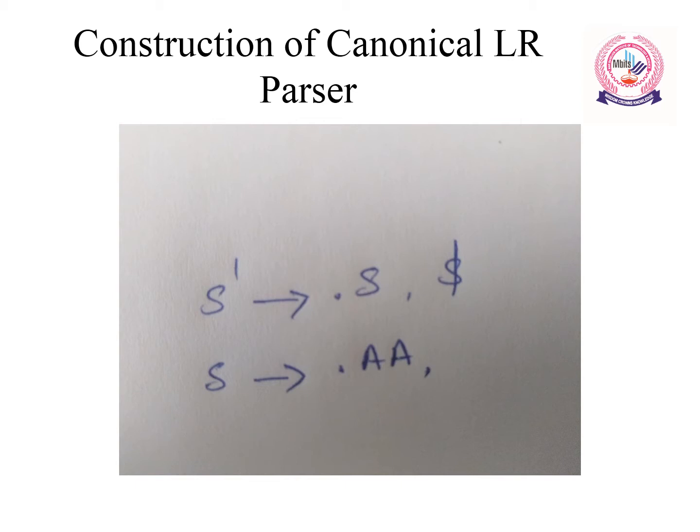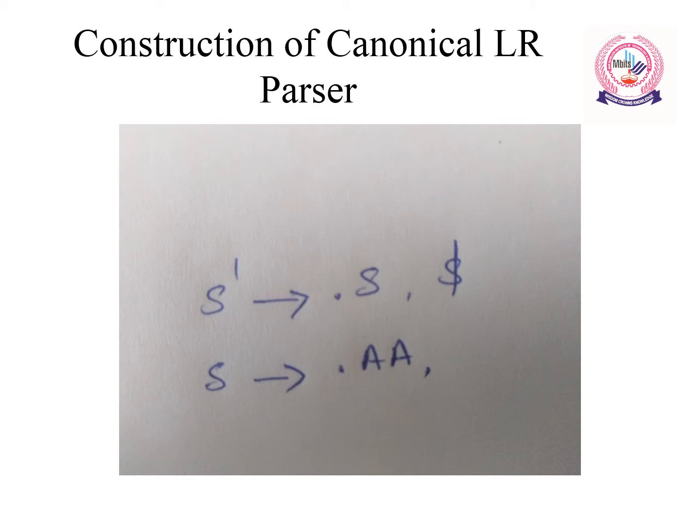So how are the LR0 items identified? LR0 items are identified by putting a dot symbol. For the augmented grammar, we put the dot at the beginning of the starting symbol S. If we put the dot at the beginning of the starting symbol, then all the productions starting from this dot S come in as the closure property.